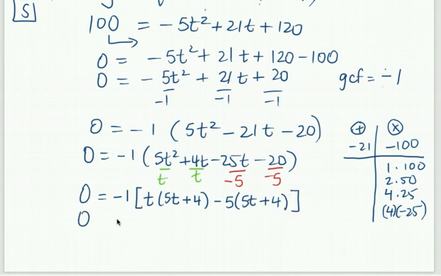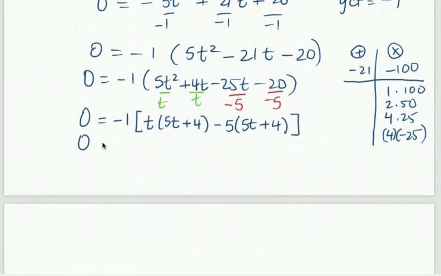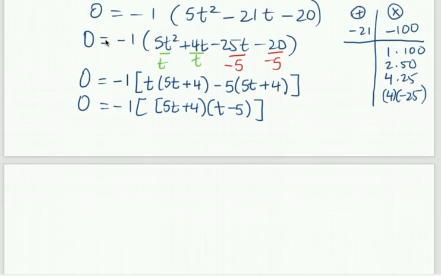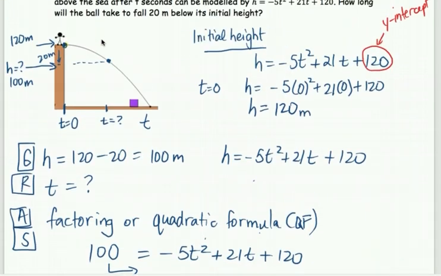Okay, and then keep going, almost there. Okay, so the first bracket is 5t plus 4, and the second one is t subtract 5. Okay, so now we have it nice and factored out. Okay, and then from there, we'll go on to the next page here.